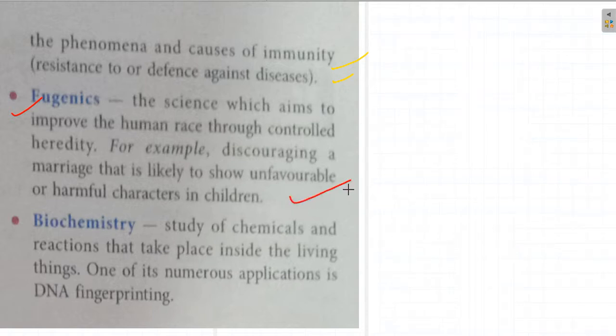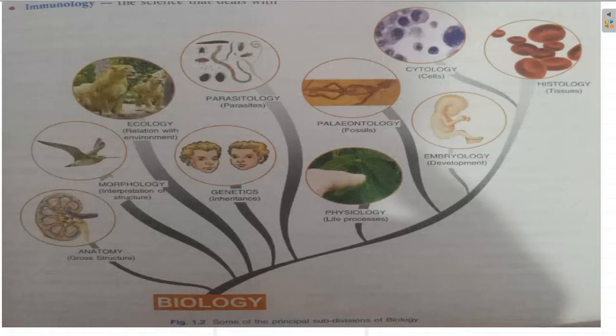Next is biochemistry, that is bio plus chemistry, studies of chemicals and reactions that take place inside living things is called biochemistry. One of its applications is the study of DNA fingerprinting. Next is immunology.